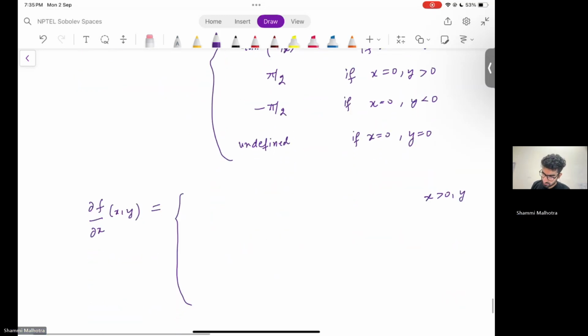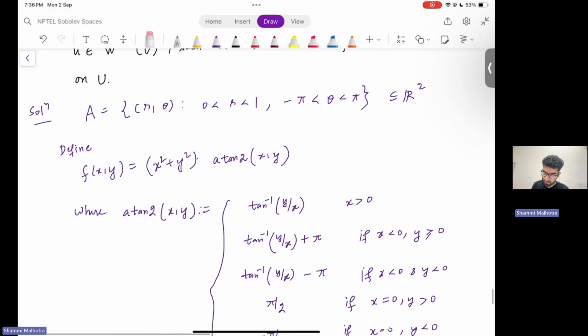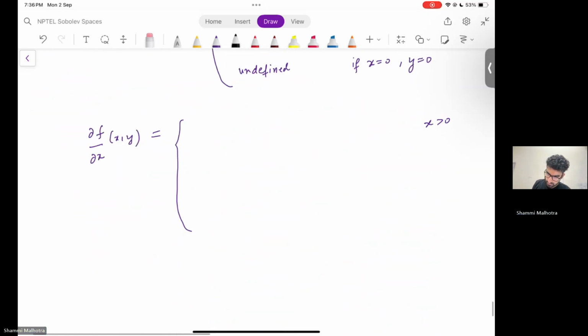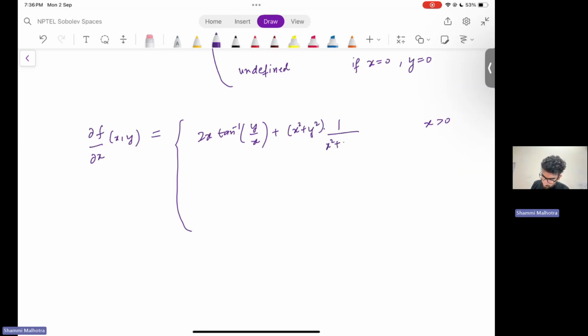So for the first and the fourth quadrant, this is just tan inverse y by x. So this is 2x tan inverse y by x plus x square plus y square, with respect to x. So this is 1 upon x square plus y square, whole divided by x square, and we have minus y upon x square.